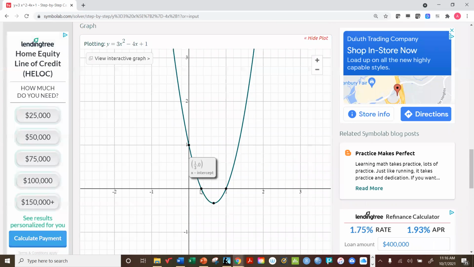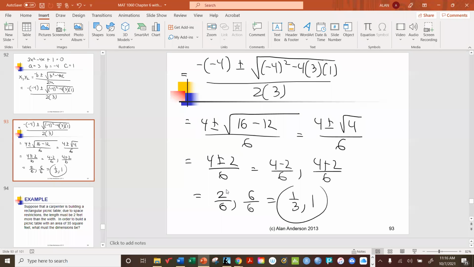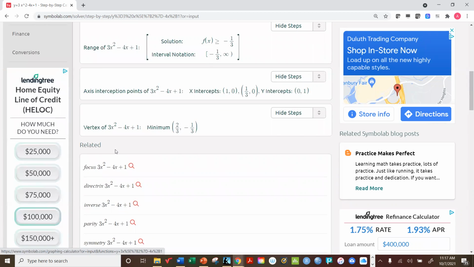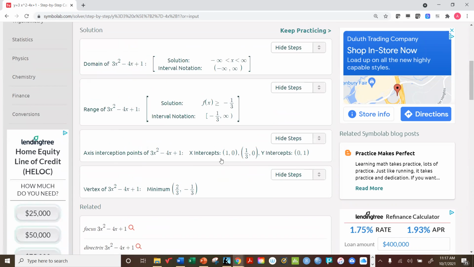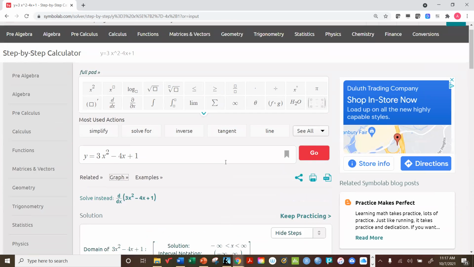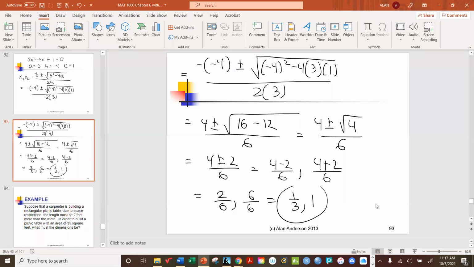So we have 1/3 comma 0 and 1 comma 0. Perfect. That's what we have. You can tell by these two intercepts, and that's all we need. The solve for, as we've discovered, just gives us the factors. We don't really need the factors here. Ultimately, all we really care about is the solutions anyway.